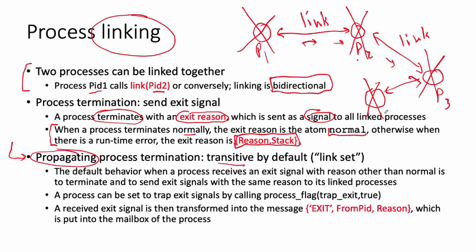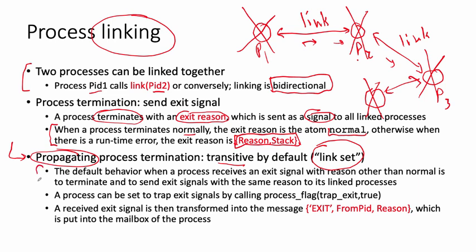So you can see all the linked processes behave as if they're grouped together. This is called the link set because of this transitive connection. If any one of them crashes, they will all be forced to terminate, even if maybe they're not doing anything wrong.